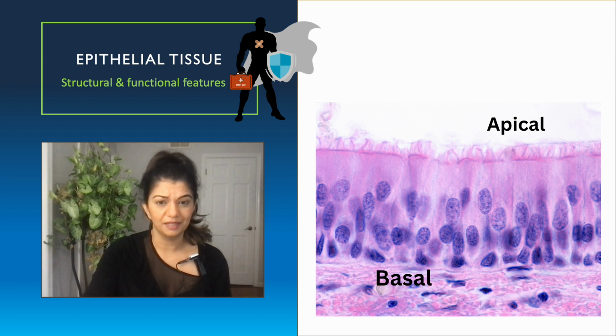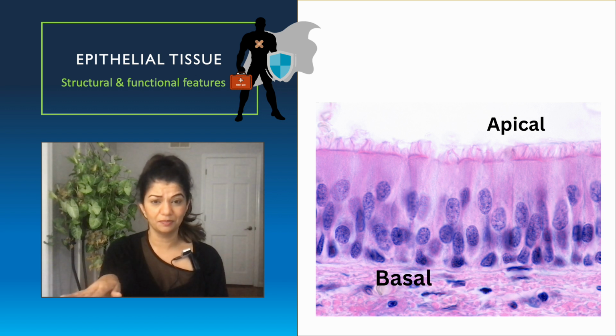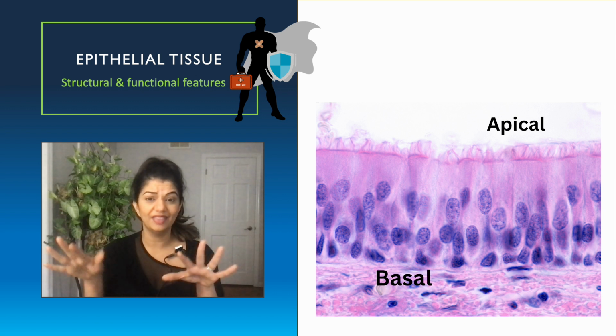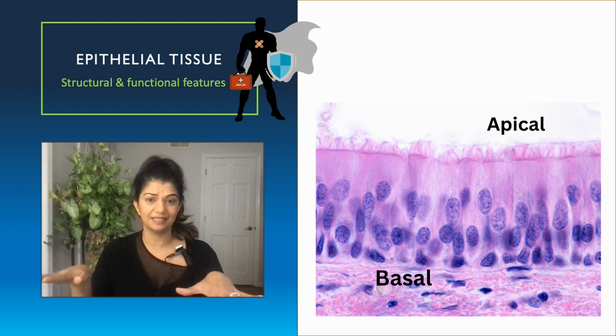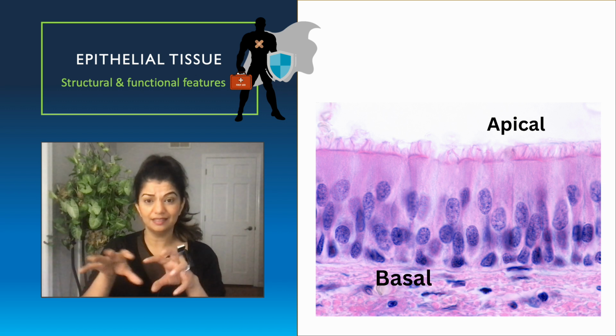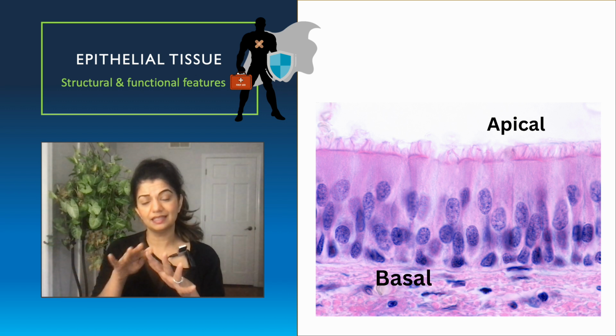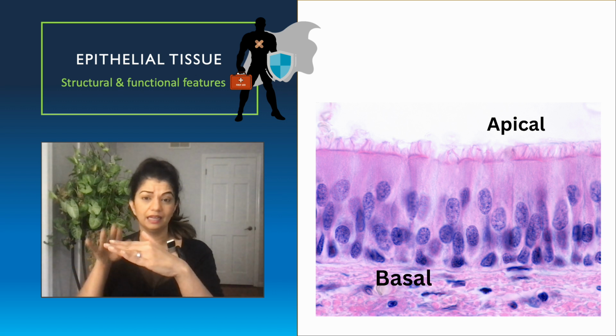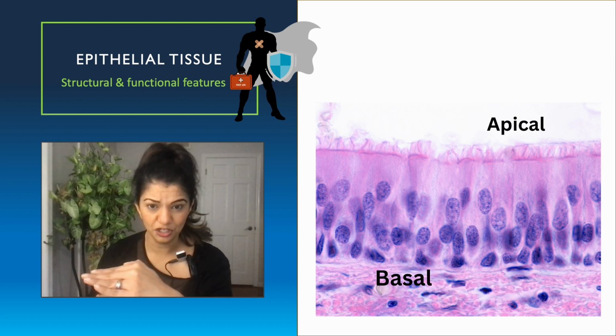So the basal lamina is at the bottom right there, and it's a mixture of glycoproteins and collagen, and that's sort of the attachment site for epithelium. So not only is that the attachment site, but this basal lamina is sort of the dividing part where it separates the epithelium from the underlying connective tissue.